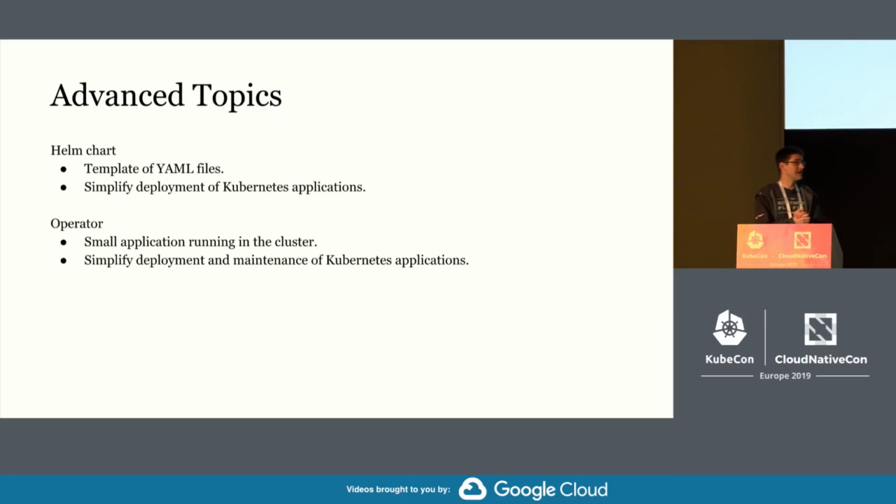And I'm going to cover some more advanced topics about stateful applications. The first one is the installation part. You saw we installed some crazy YAML files downloaded from the internet. That's usually not what you want. There are two better ways to install applications on Kubernetes. The first one is Helm, using Helm charts.